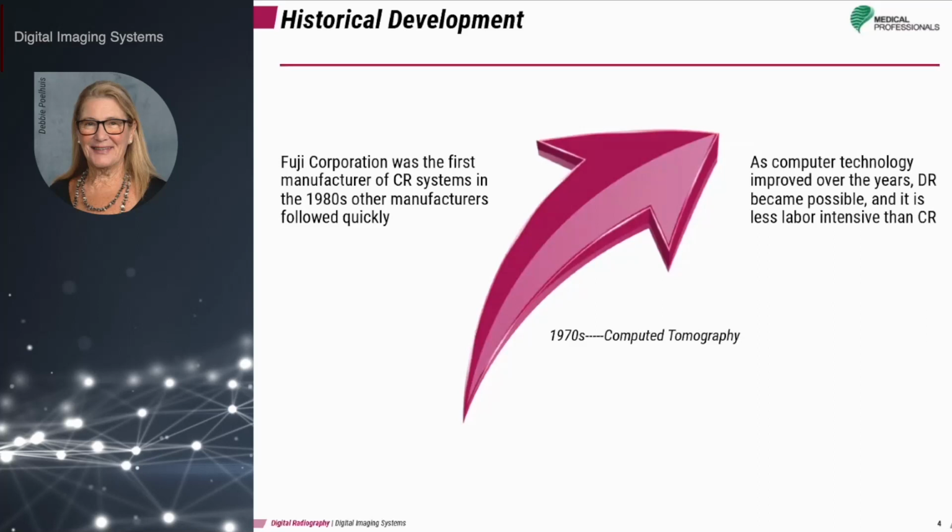A number of other manufacturers now have CR equipment on the market, and you may be familiar with many of them. When it was first introduced, CR had a number of problems that were associated with high cost, poor image quality, and of course, limitations in the computer technology that was available at the time.